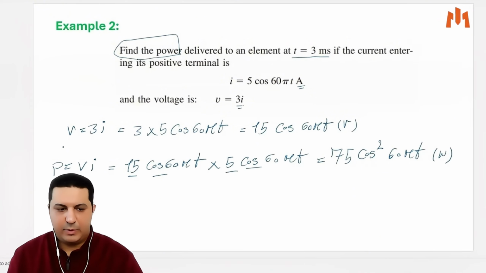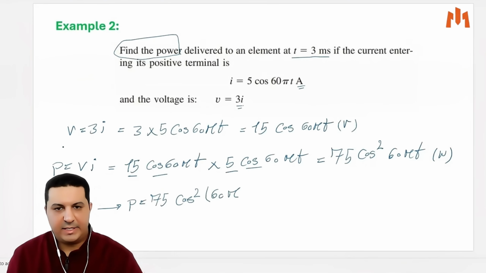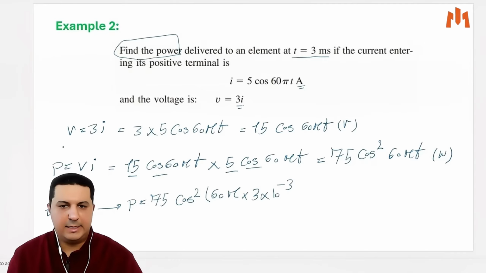But right now, we are going to calculate it when the time is 3 milliseconds. So if t is 3 milliseconds, we are going to solve this. p equals 75 cosine squared of 60 pi times 3 times 10 to the minus 3.